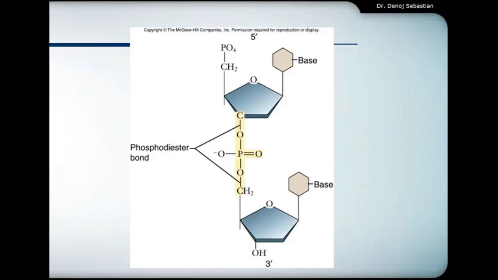Let me explain why this 2'-OH group is removed from the DNA. In the sugar phosphate backbone, the phosphodiester bond, which is shown here in the bottom portion connected to the CH2O, can be broken.